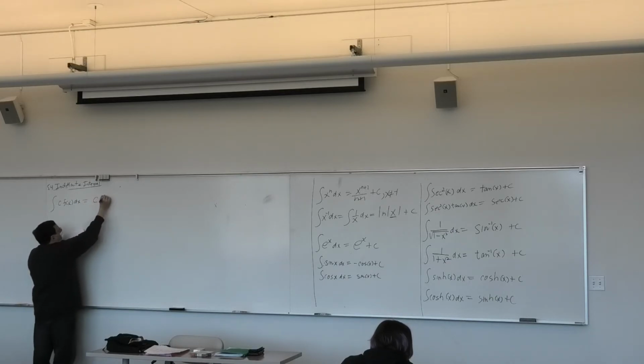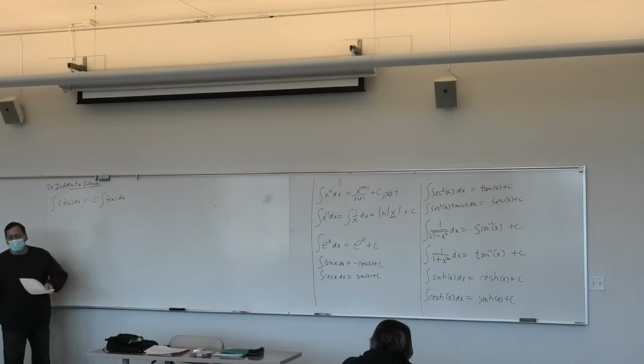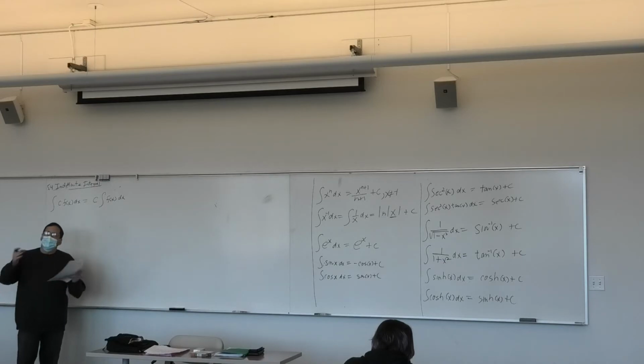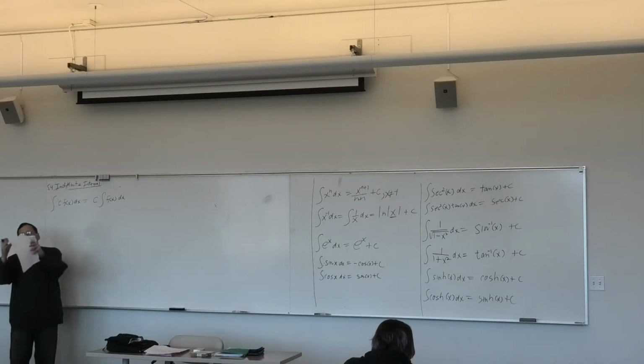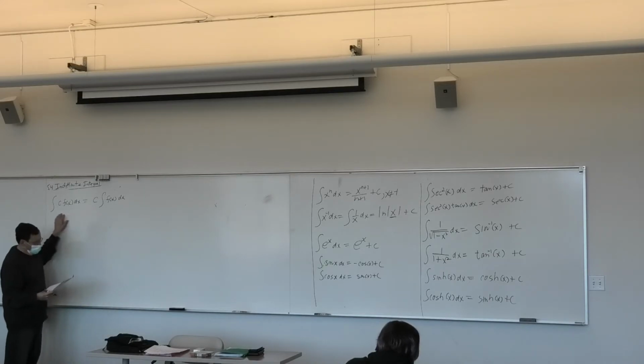You can just take the constant out. We saw the same thing with derivatives. The derivative of a constant times a function is just a constant times the derivative of the function. The same is true for an indefinite integral.